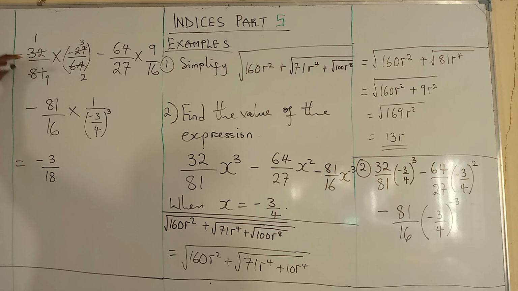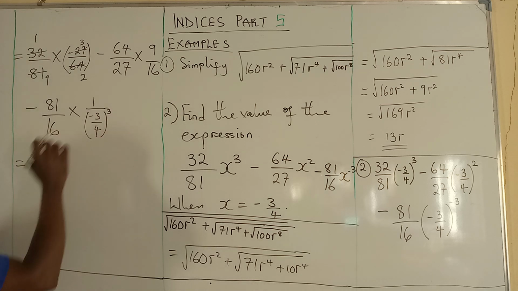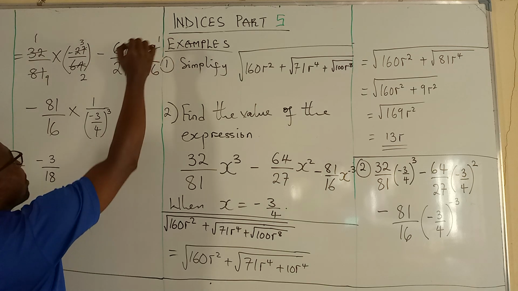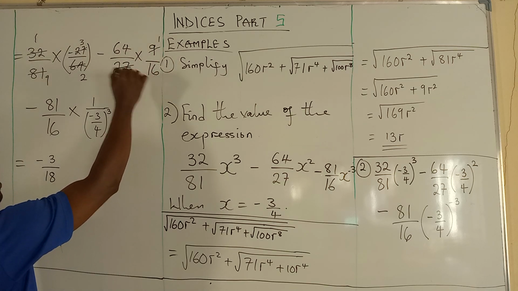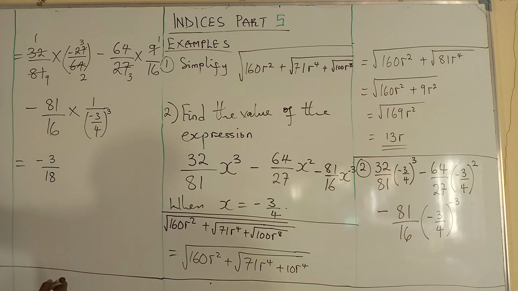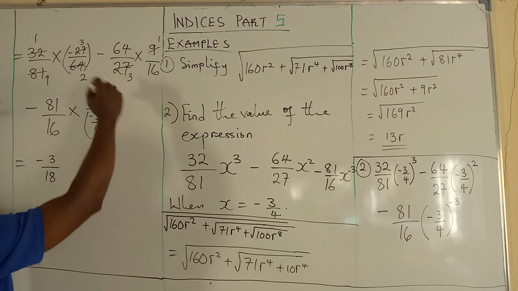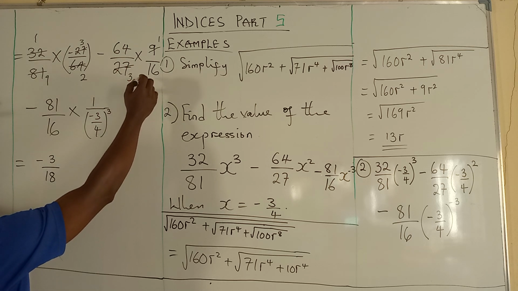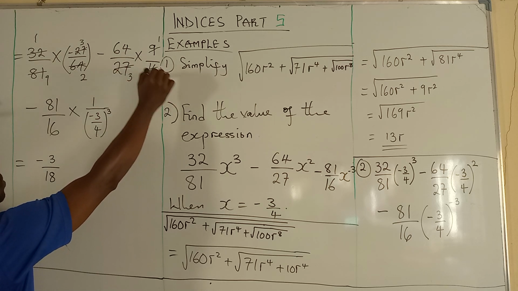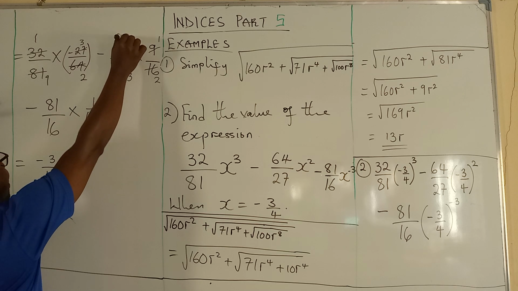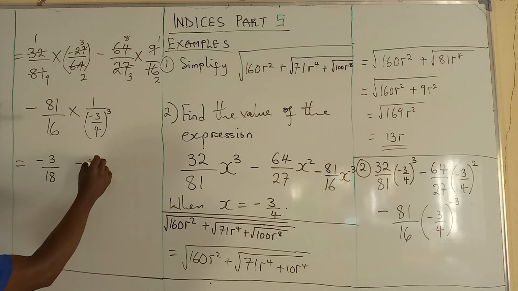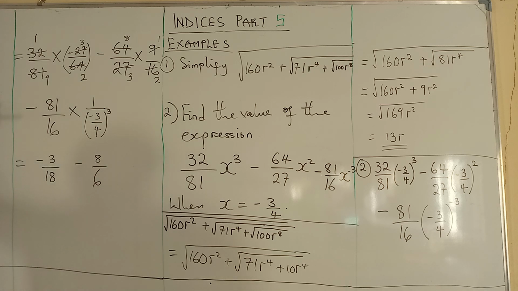For this, we are left with minus 3 over 18. Over to this one, 9 can cancel here 1, 9 can cancel here 3. We can even use 16 direct or use 4 or even use 8. So if we are using 8, 8 here 2, 8 here 8. And so that will give us minus 8 over 6.